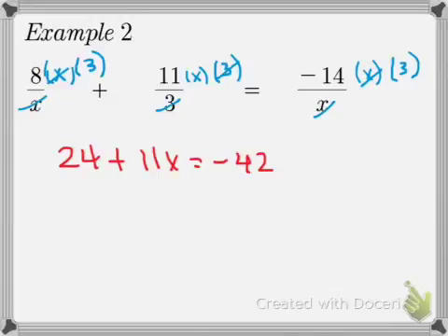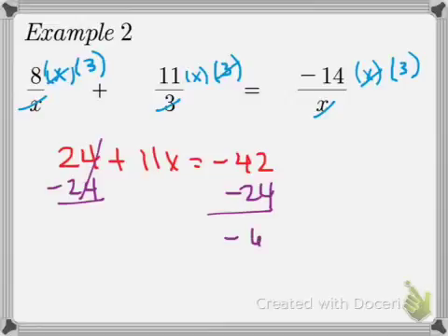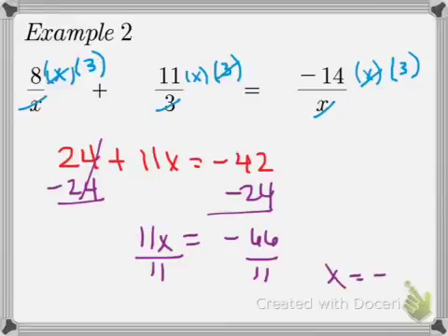In order to solve this, just like any linear equation, you'd want to get your x by itself. So we'd subtract 24. This gives me negative 66 equals 11x. To finish this off, divide both sides by 11, and you would get x equals negative 6.